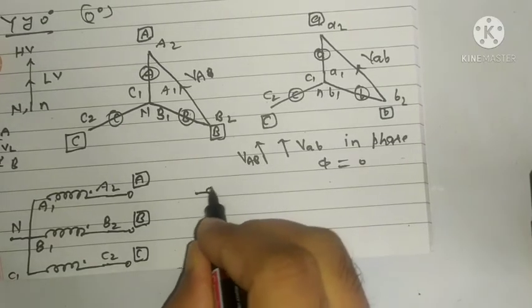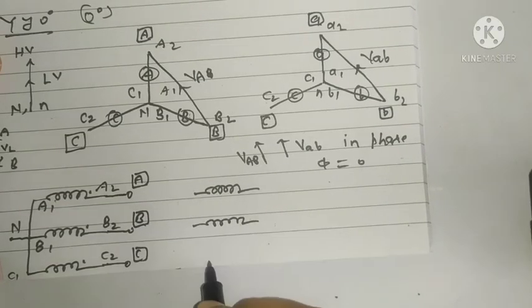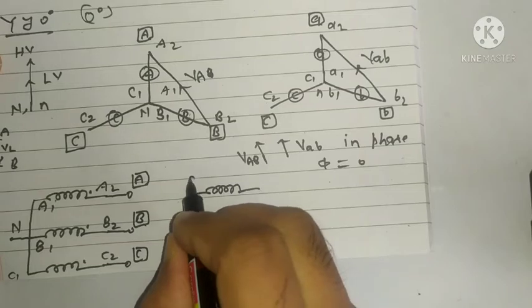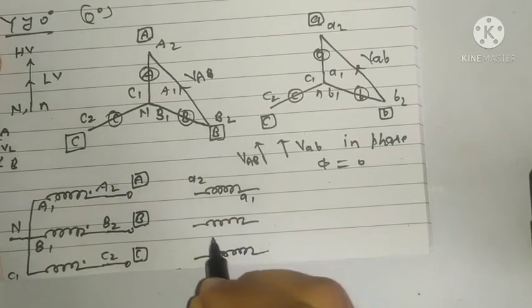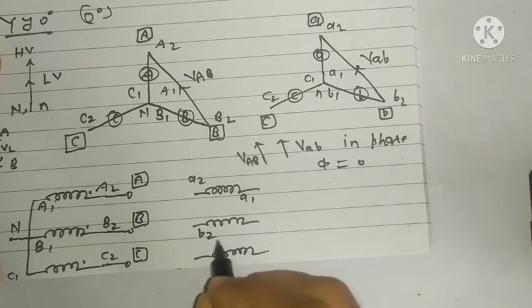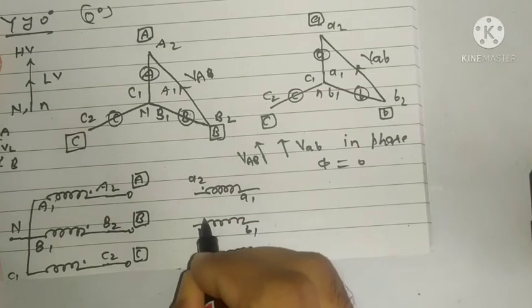Secondary side is this: A2 A1, then B2 B1 and C2 C1, and these are the dots.